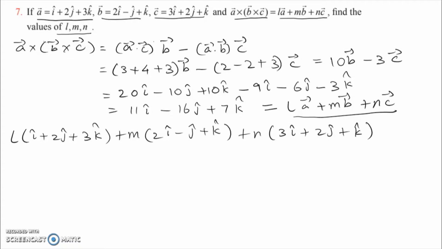Now this is equal to 11 I cap minus 16 J cap plus 7 K cap.